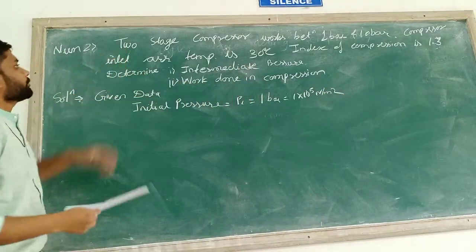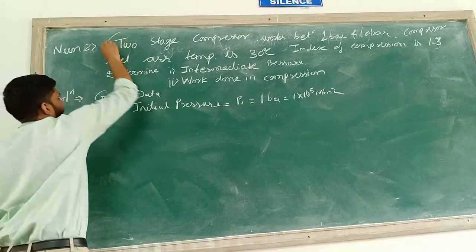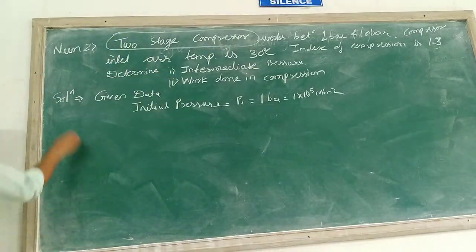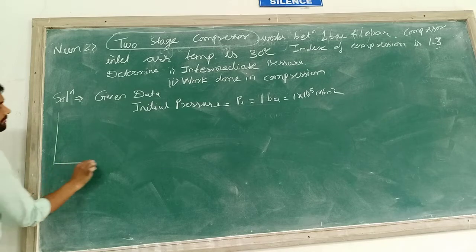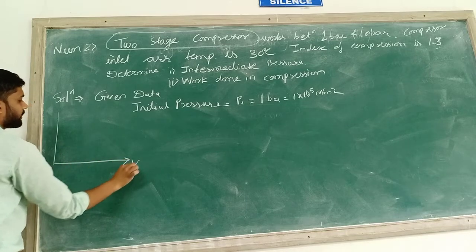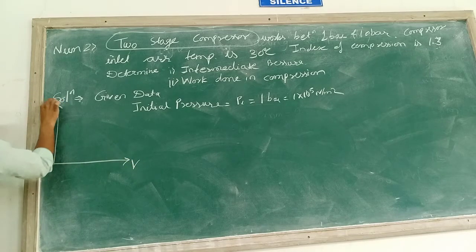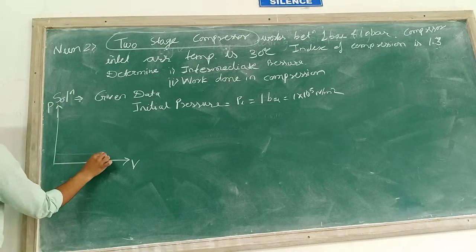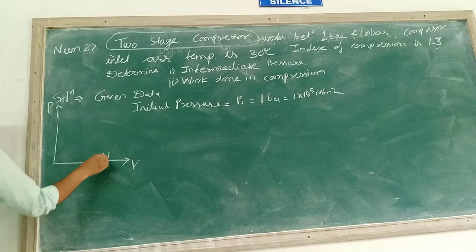Again, this is a two-stage compressor. You know how we can represent a two-stage compressor on the PV diagram. So let this be the P and V axes. Suction is performed. Let this be the initial pressure, 1.